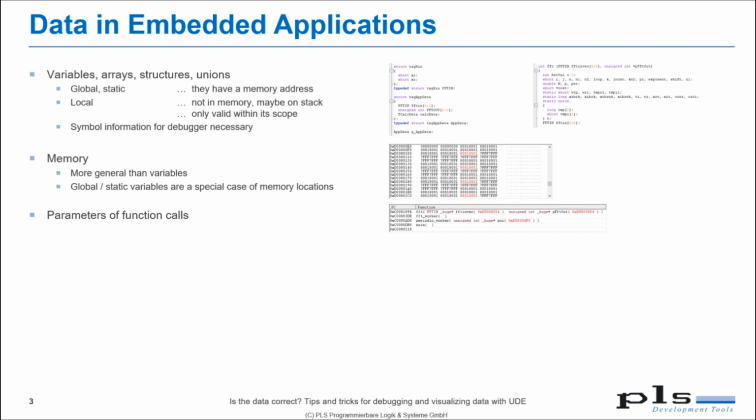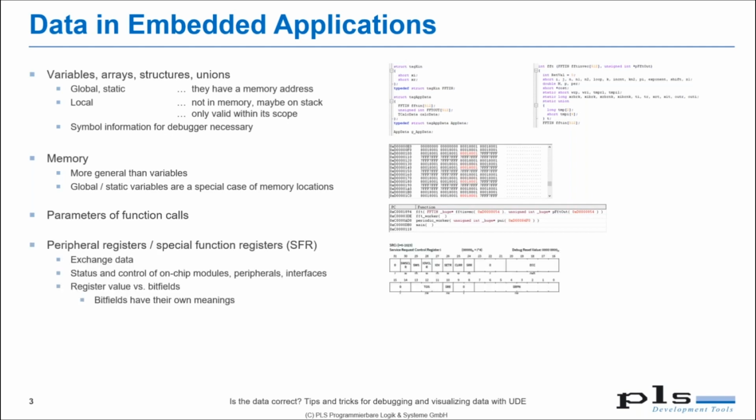But there is something else, especially in embedded systems or in microcontroller applications. We also need to handle the peripherals, so modules that communicate to the outside, for example, interface modules, or that calculate data in a specific way, and so on. And for these, we have registers.